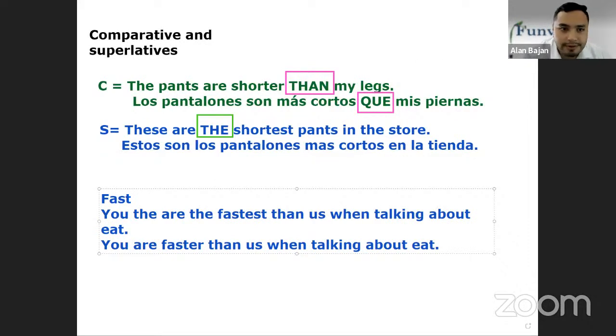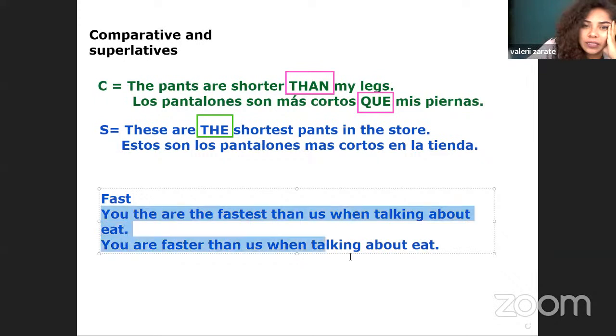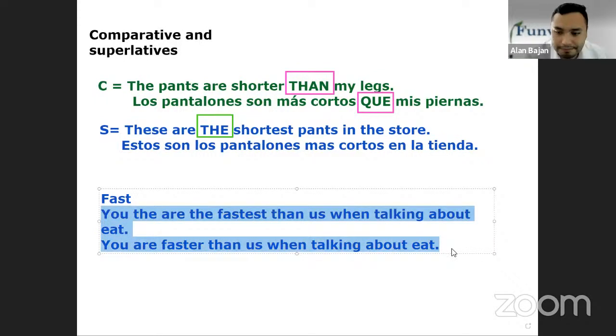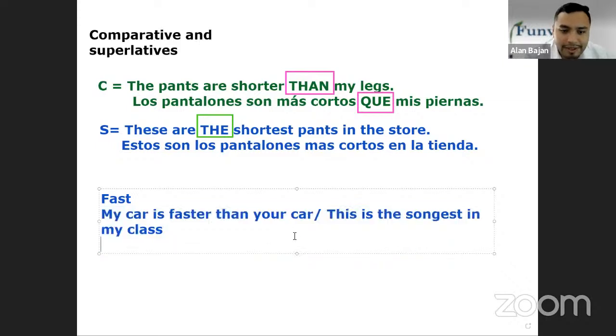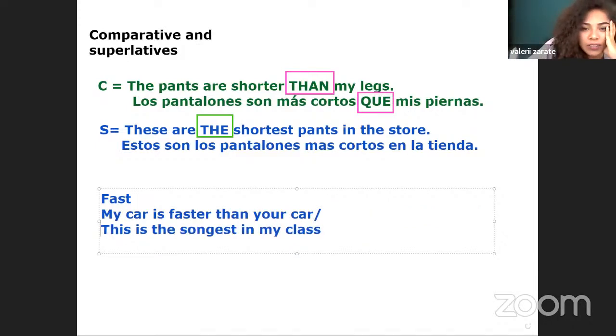Valerie, read yours, please. My car is faster than your car. It's correct. And the second is, this is the songest in my class.